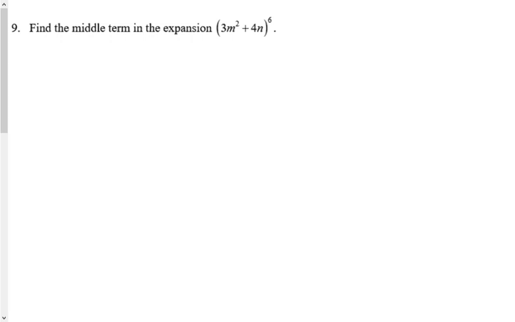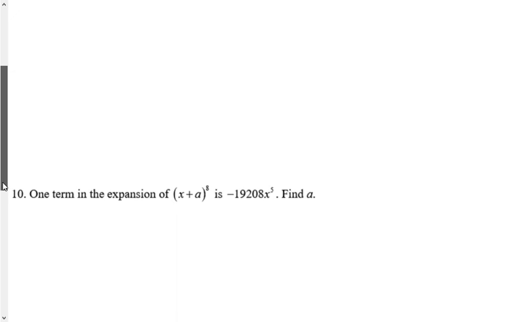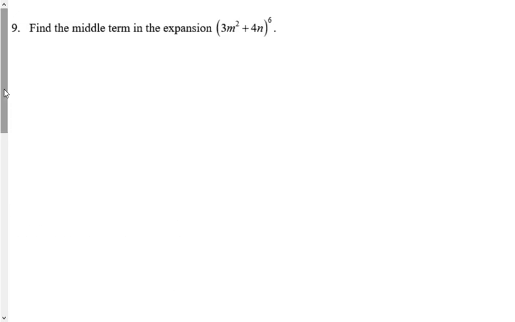We want to find the middle term in this expansion. Here's where I'd probably make use of Pascal's triangle to help me out. So I'd say, well, I'm going to start building Pascal's triangle until I get my second term being a 6. So we'll do 1, 1, 1.